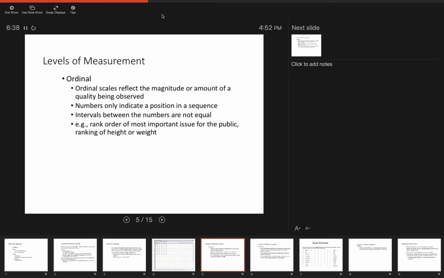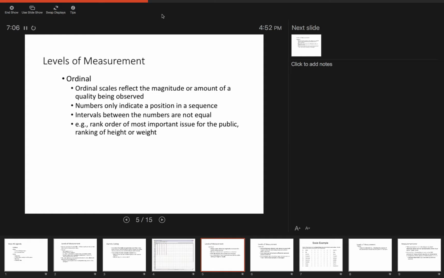If we were to do a public opinion poll and have people rank, or if we were to rank order the most important issues, that rank order would be ordinal in terms of its level of measurement. Because while 1 is the most important, the difference between 1 and 2 in all likelihood wouldn't be the same as the difference between 2 and 3 and 5 and 6.